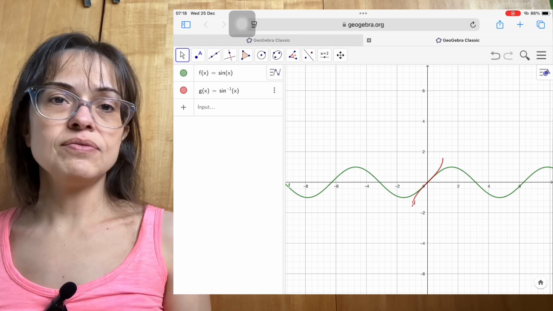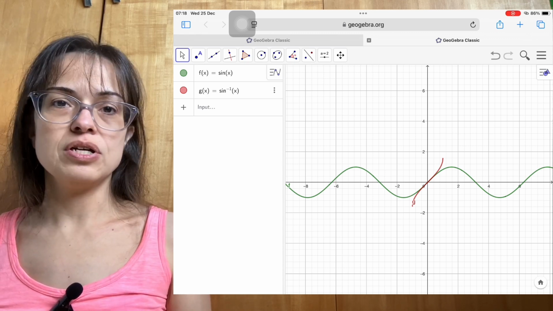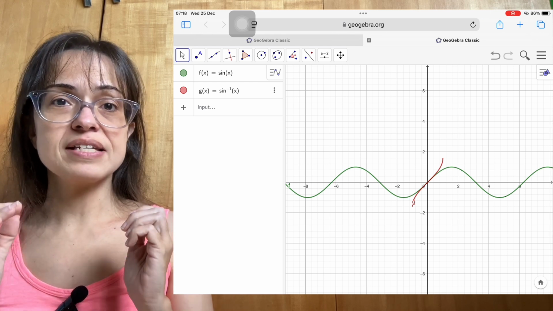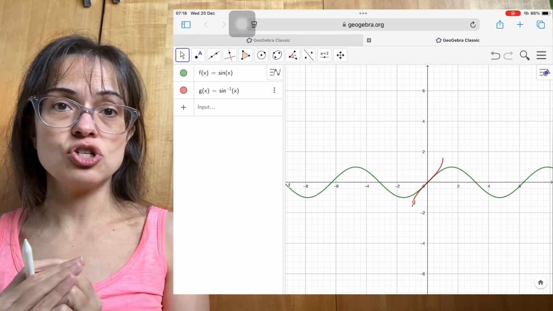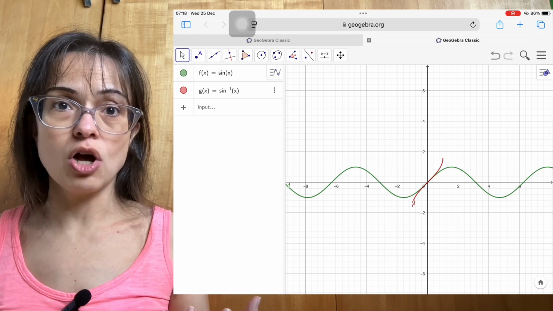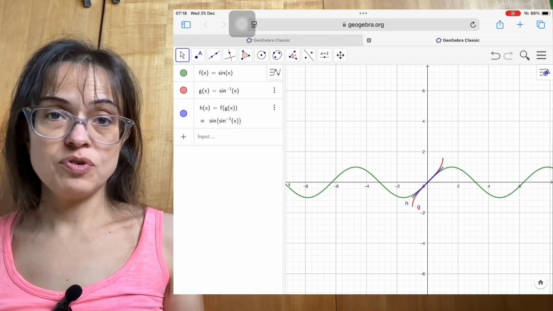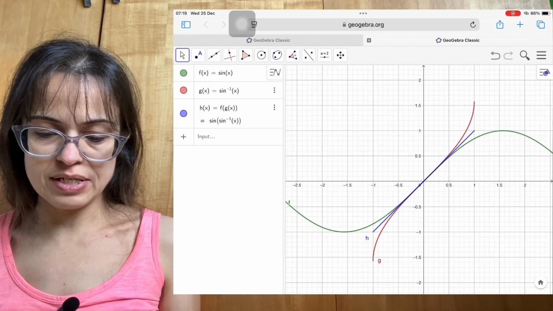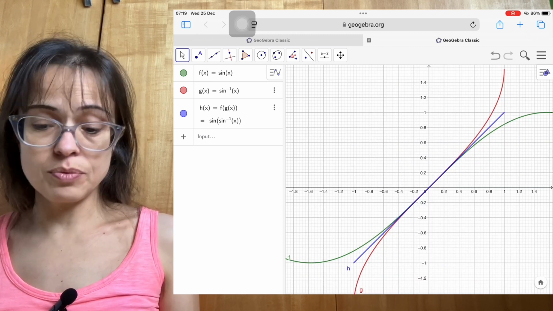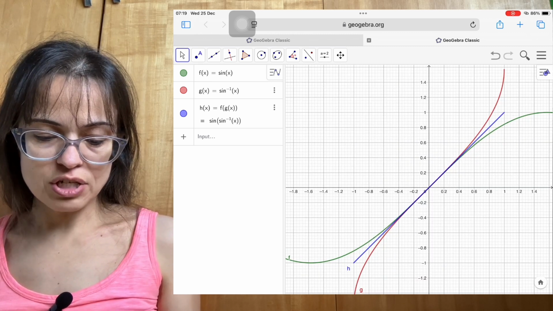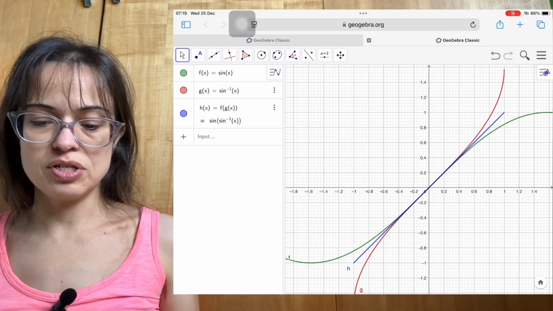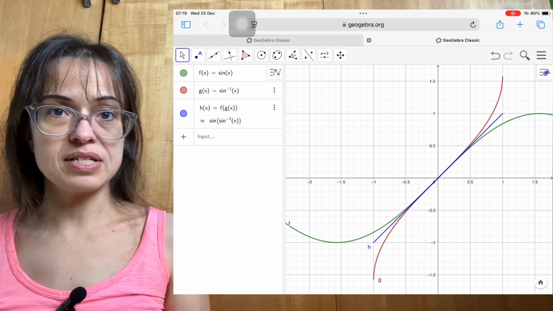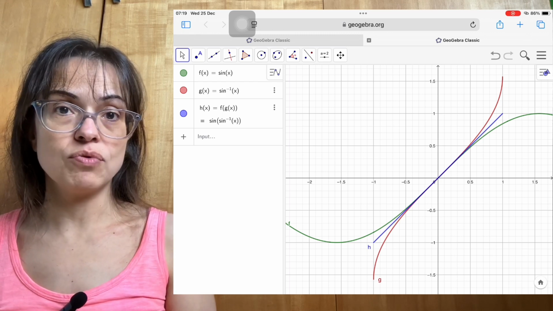Well, the sine inverse, which is the red function here, is the one that has the smaller domain. So if I put it as the inside of the composition, that is going to restrict the domain a lot. And then we get, just like we've been getting in the other examples, a composition function which is a part of the y equals x line, but it's just from -1 to 1. It's just a small part that matches the domain of the arcsine function, which is also from -1 to 1.